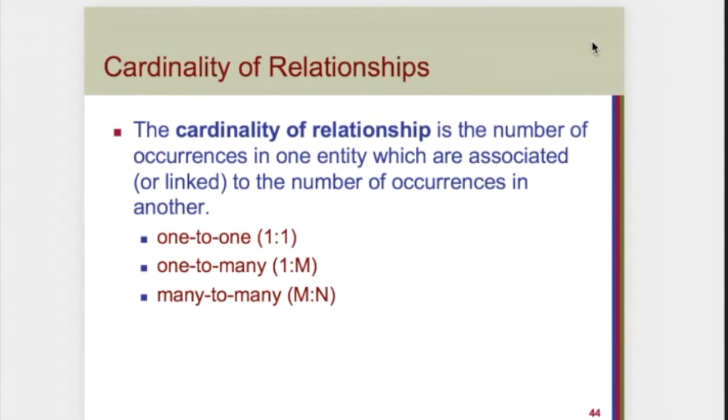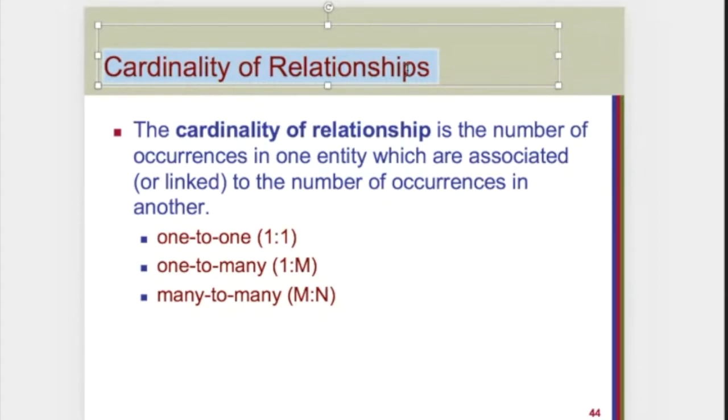Okay, now we see that relationships can be expressed, and more than one person can be involved in the relationship. On the basis of that, we can define from both of the parties how many entities or how many attributes are linked together. To understand this, we are going to find the cardinality of a relationship.